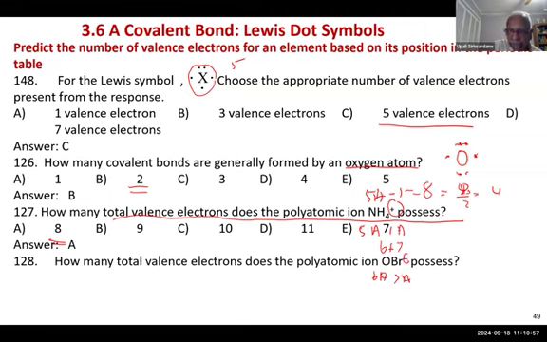When you have a negative charge, you have to add 1 more. So 6 plus 7 is 13, plus 1 is 14 electrons, or 7 electron pairs. 14 is the correct answer.